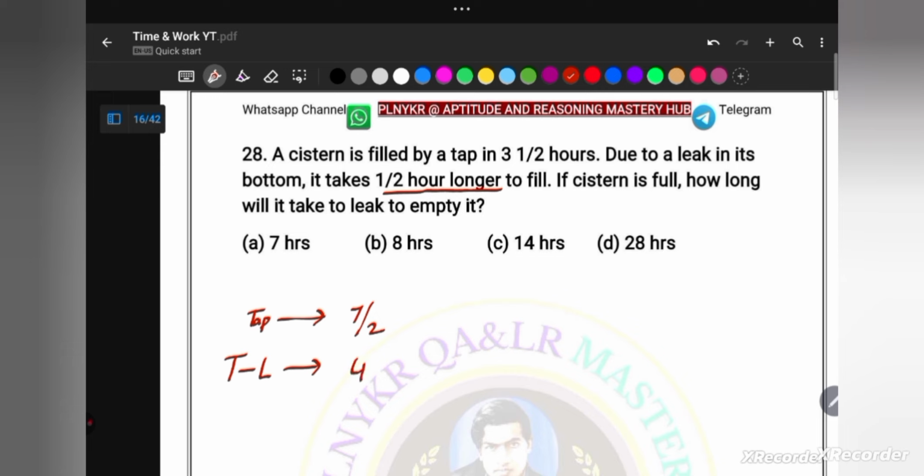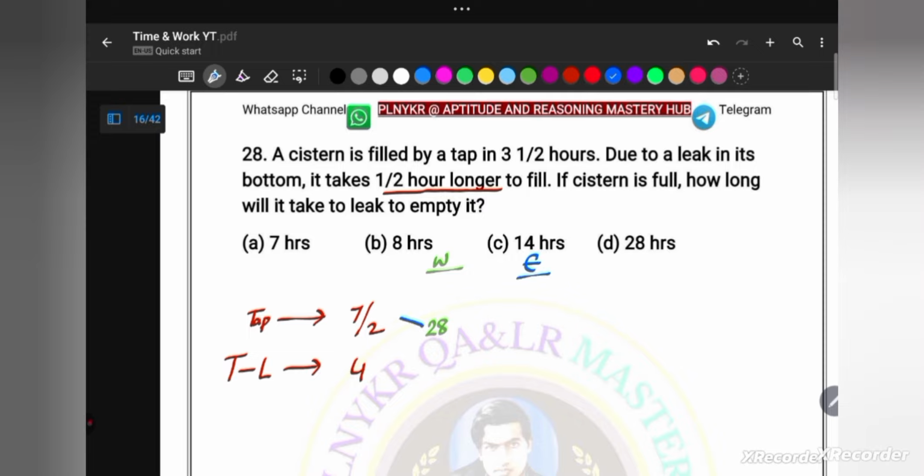Now the time periods are written. Now we'll be finding the work. How we'll be finding the work means, as per the LCM, what is the LCM of 7 by 2 and 4? That means the LCM of the numerators will be 28. Coming to the denominators, 2 and 1, HCF is 1, so directly it will be 1 itself. Next, we'll be finding the efficiency.